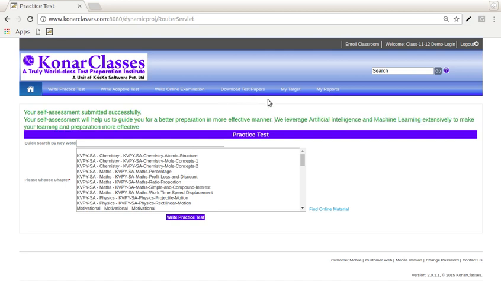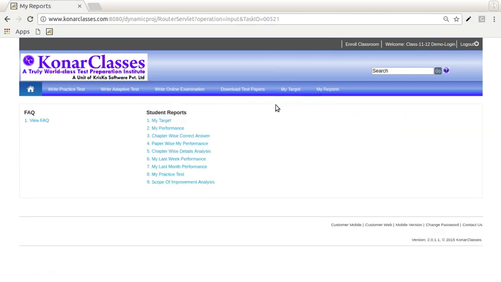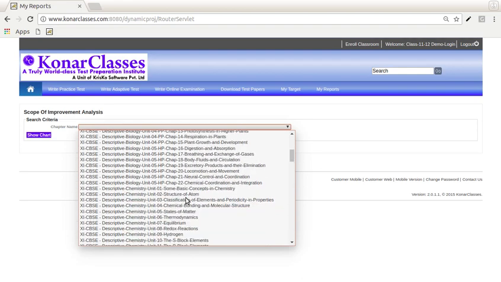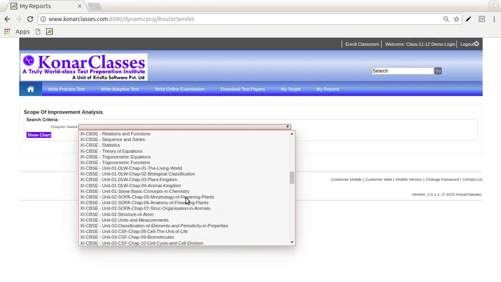So now let's go back to the My Report section. Now let's look into the scope of improvement analysis report, and let's go to the same chapter, the cell, the unit of life.